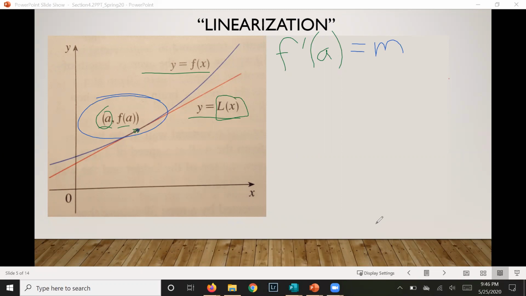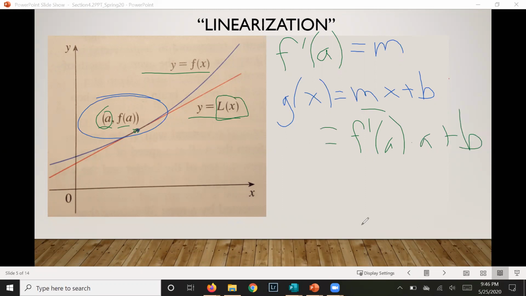So remember, we were just using g of x equals mx plus b. Fill in the information we have. Well, we know that the slope we're representing by f prime of a. x is our input value, so that's a. And then we need to solve for b, and the output there is f of a. And so what we can do then is solve for the value of b here.